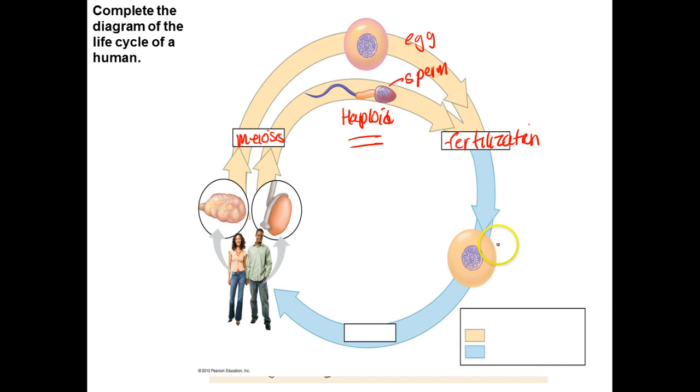In fertilization, you then produce a diploid cell, which is called a zygote, and that through mitosis develops an embryo, becomes a fetus, to a baby. So in most animal cells, diploid is the major part of the life cycle.